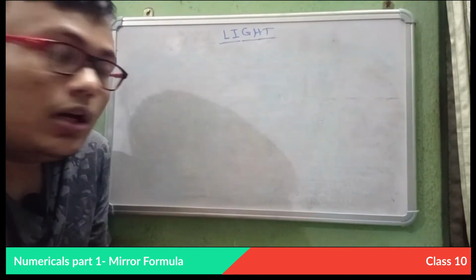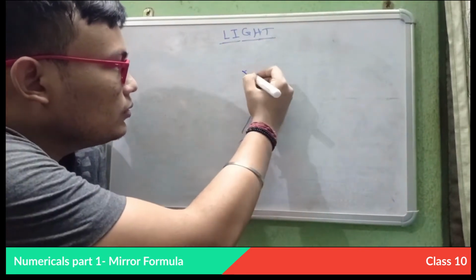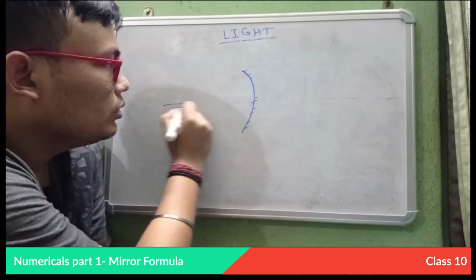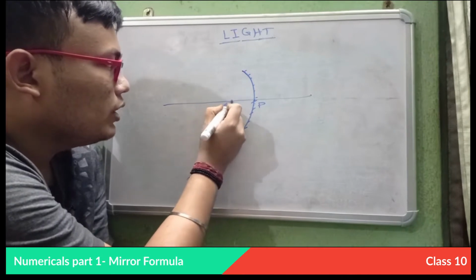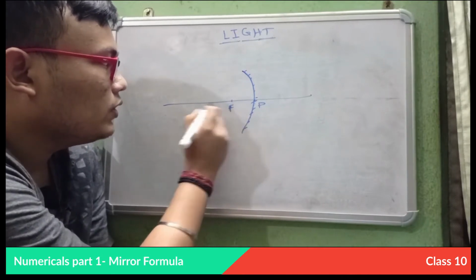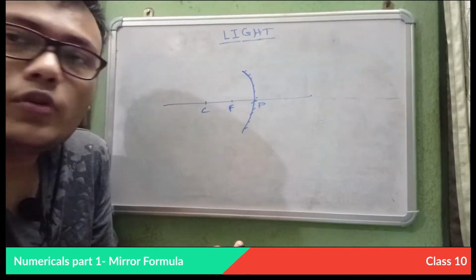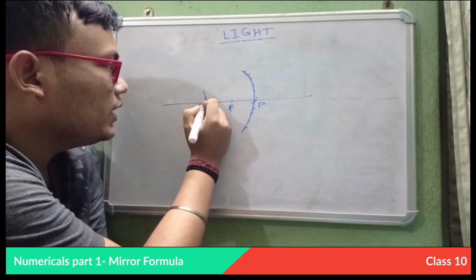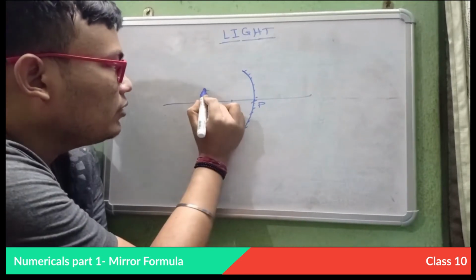Let's say we have taken a concave mirror. Okay, this is the pole. I'm drawing a rough diagram. This is the focus F, this is the center of curvature. So we know that if we keep the object at center of curvature, we get the image also at the center of curvature.